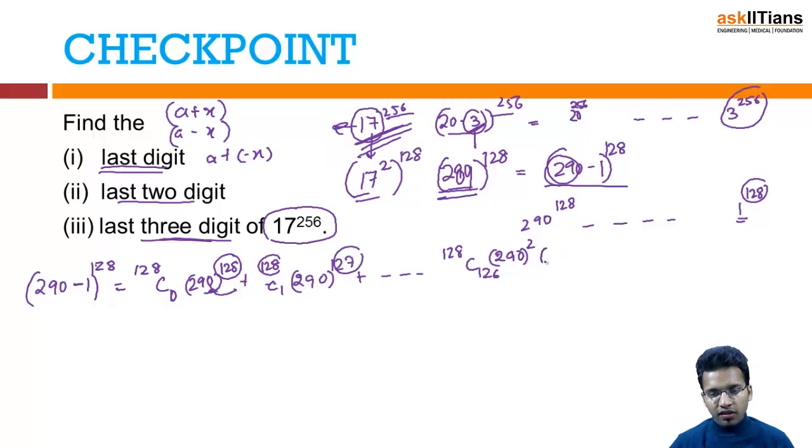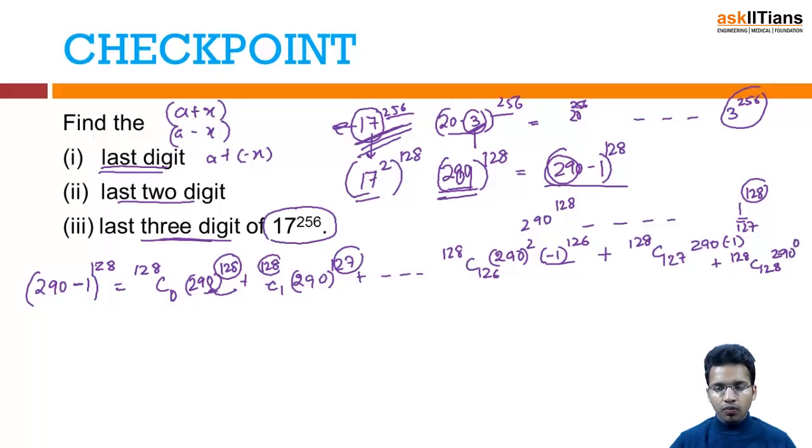So we can just write minus 1 here raised to power 126, then plus 128 C 127, 290 into odd power, plus the last will be even power, 128 C 128, 290 raised to power 0, and 1 will be getting nullified. So this will be 1, this is also 1.